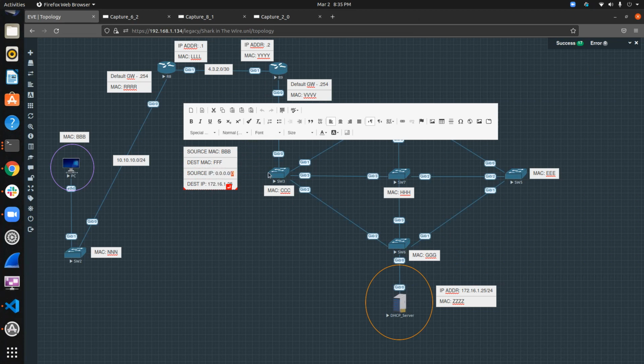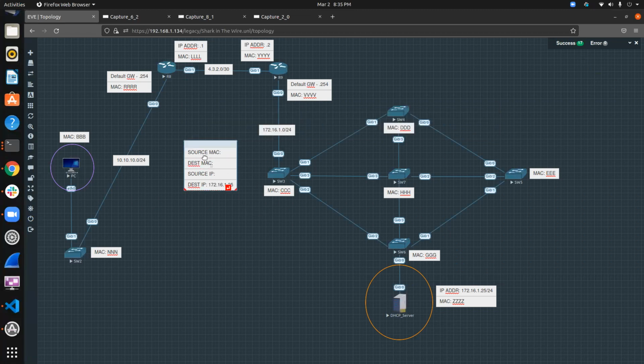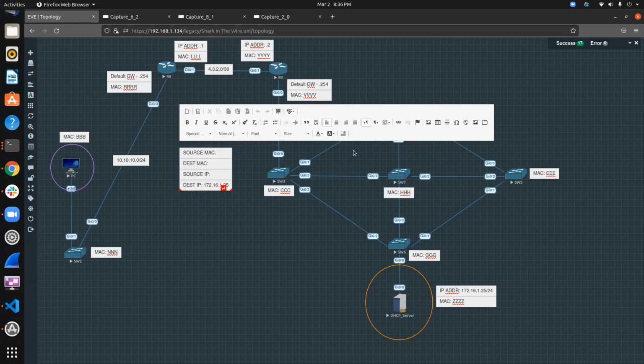Okay, so I'll give you a hint and I'll leave your destination IP right there. But now from R8 going to R9, what does the packet look like? That source MAC address.